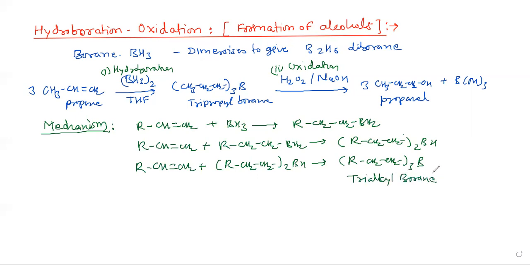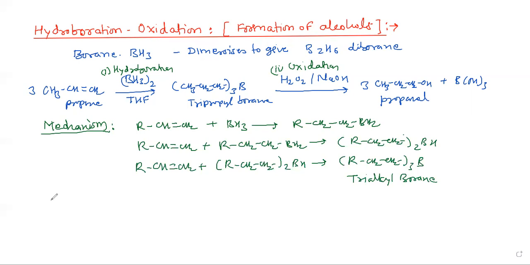Trialkyl borane is obtained. So here, one molecule of BH3 reacts with 3 molecules of alkene, and we get trialkyl borane.